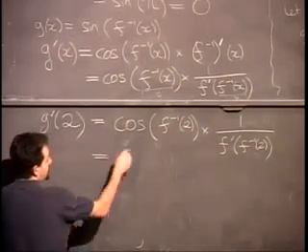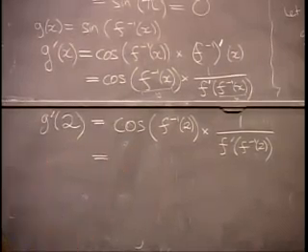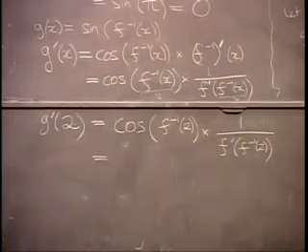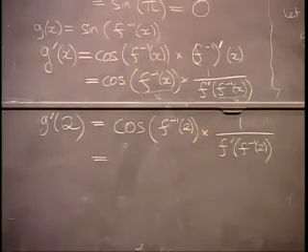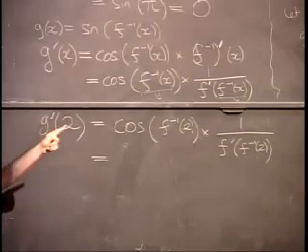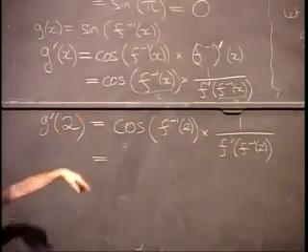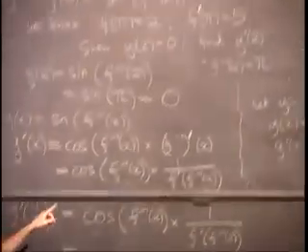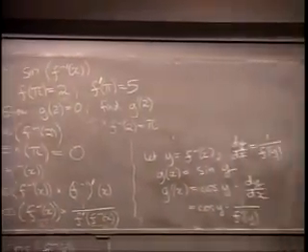Well, we worked out what f inverse of 2 is. We've already seen that f inverse of 2 is pi. It's all the way up there. Just up there, f inverse of 2 is pi.